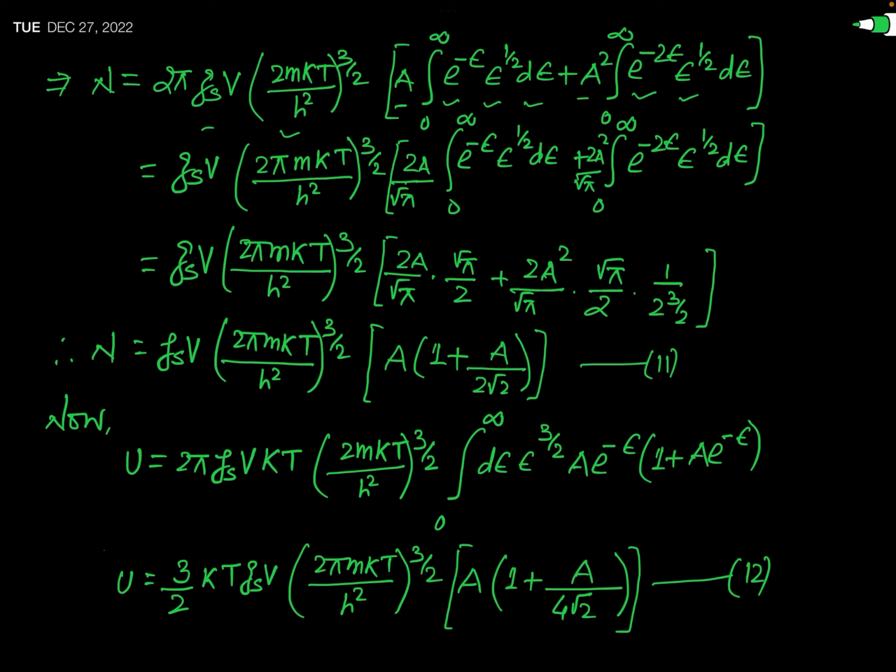Okay, now for simplicity here we multiply these integrals by a factor 2 by root pi. Actually this 2 has been brought from here, but this root pi has been written extra, so you will have to multiply by root pi in the numerator too. So when you multiply this pi by root pi, this will be pi to the power 3 by 2.